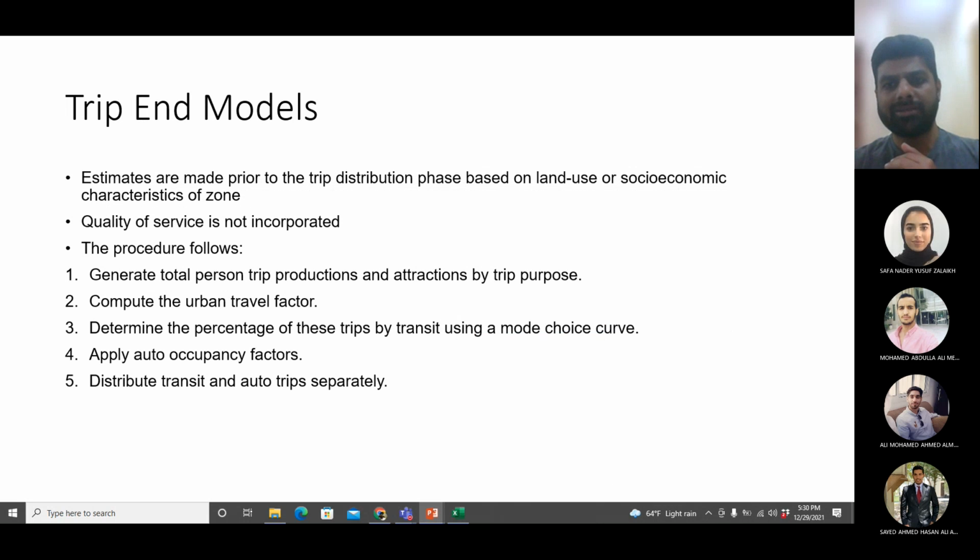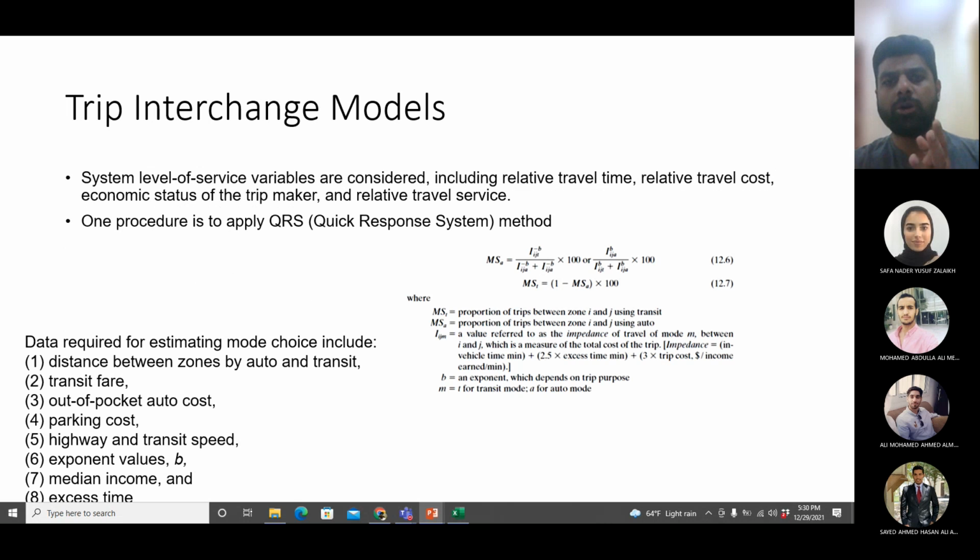In both of them we did not consider the characteristics of the system. Then we have the trip interchange model. Within the trip interchange model we have just discussed 1 method, which is the QRS method, and it depends upon the impedance of each mode. Impedance basically means the resistance or the friction which is provided by each mode. The factors which you don't like about each mode, it depends upon that.